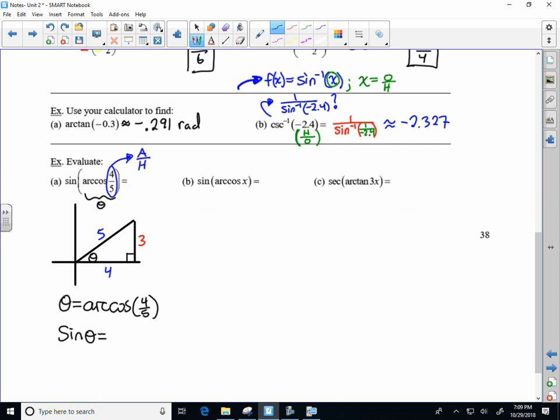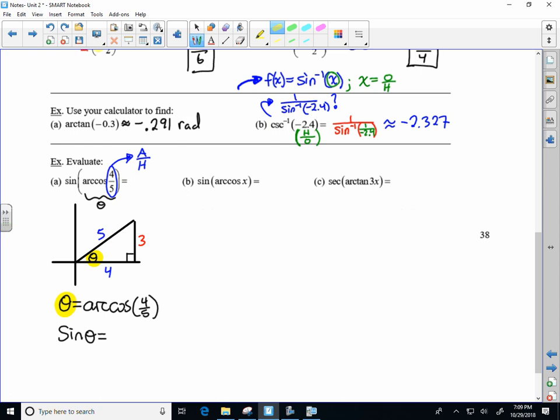All right, so the only recognition that needs to happen is that whatever this theta is, whatever the result of the arc cosine, arc tangent, whatever it is, that's going to be a reference angle in a reference triangle. So this theta is the same as this theta. So when I say find the sine of theta, I'm really saying find the sine in that triangle.